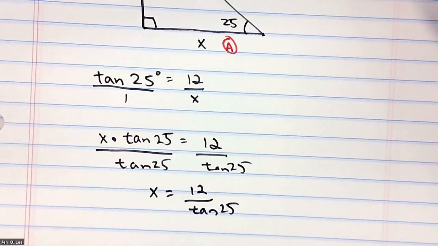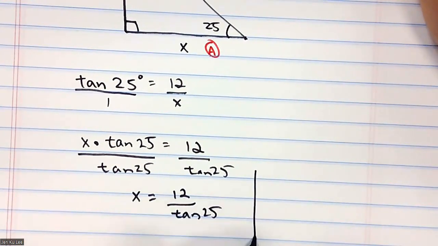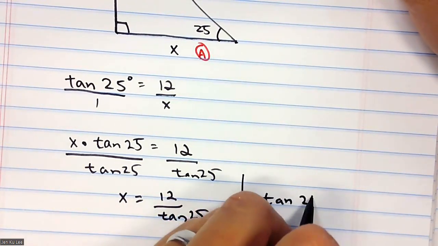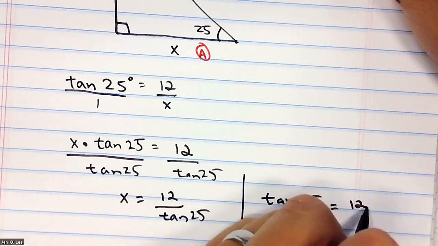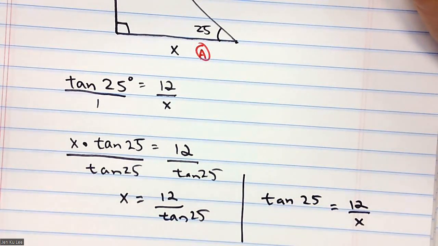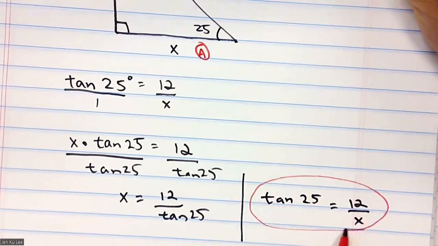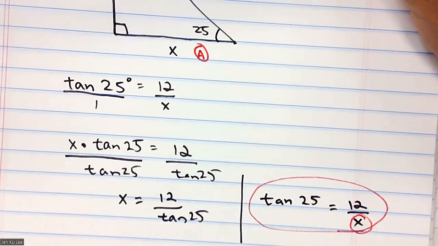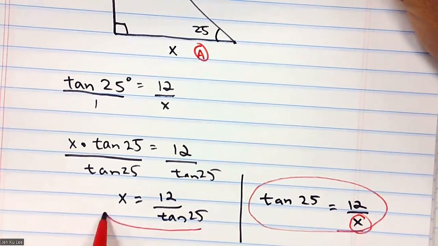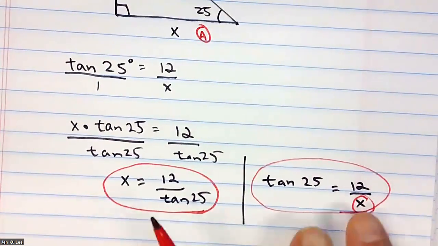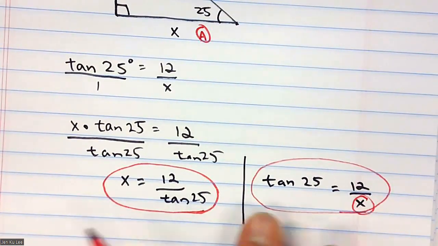Okay? Now, I want to take a couple of seconds and compare these two guys. So if this is my equation where my variable is in my denominator, and it comes out to be x equals this, what can I do from here to just make it look like this?